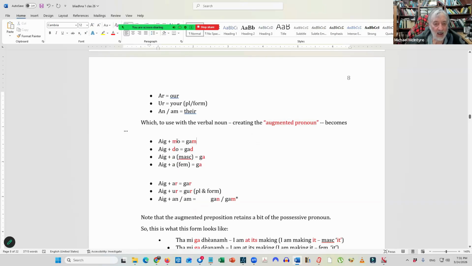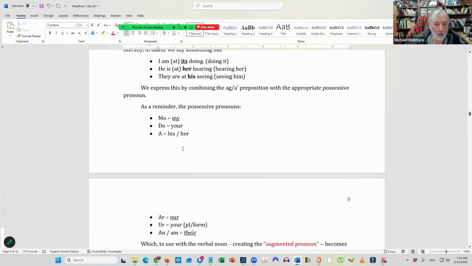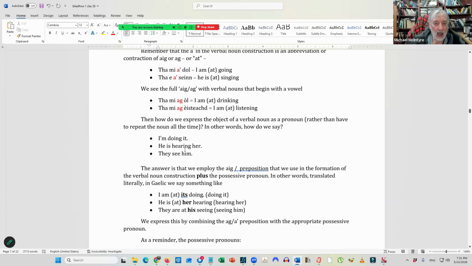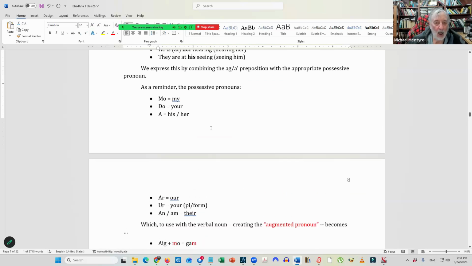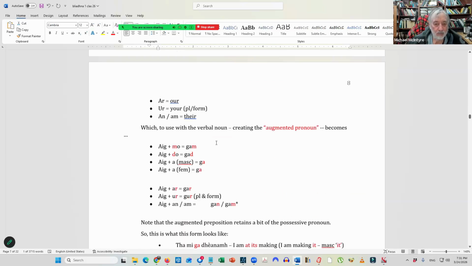So we're still using ek. Remember, we use ek: hami agol, hami agashtik, hami adol, ha'e ashain. We're still using the ek form before the verbal noun, only now we combine it with the possessive pronoun.